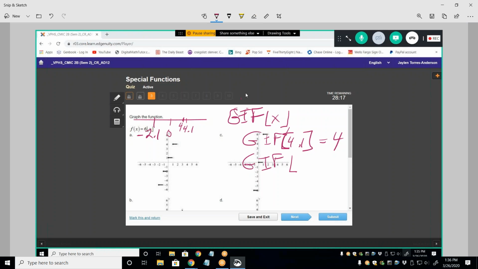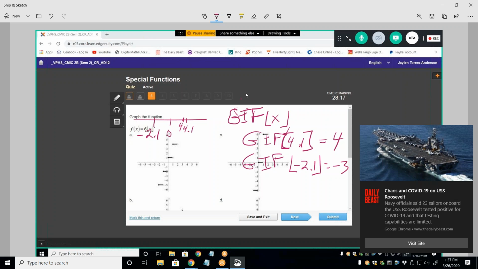This is for sure the greatest integer function of a negative number. You go to the left. Got it? It's confusing a little bit. That's the greatest integer function. You always go to the left.